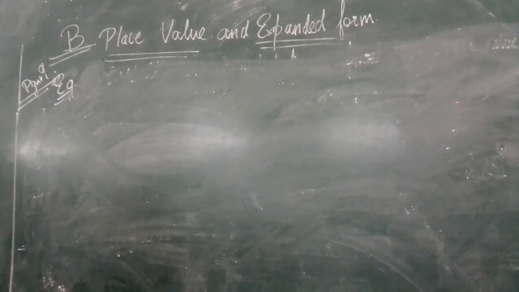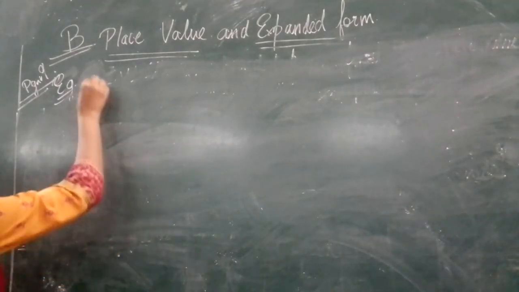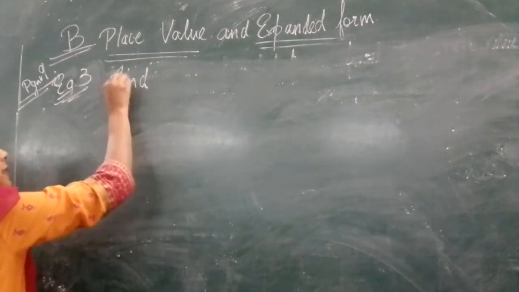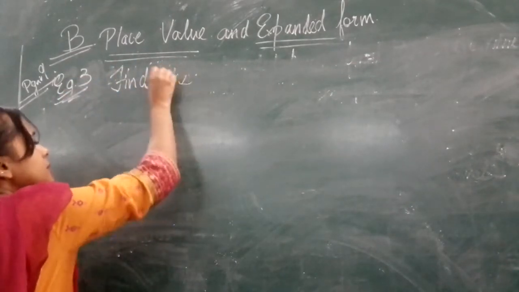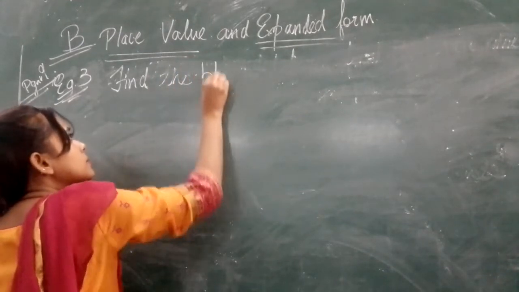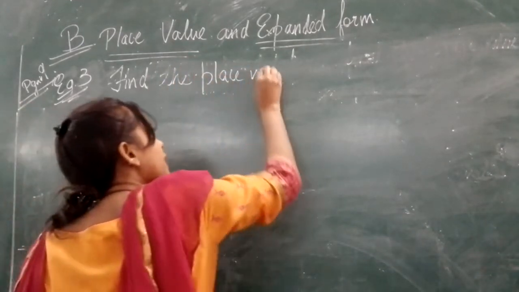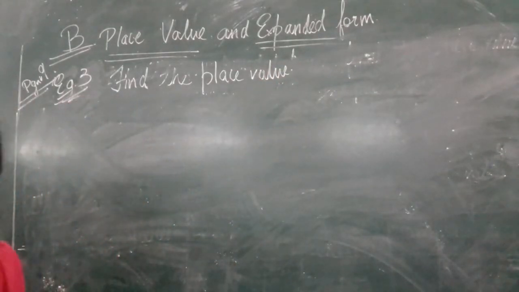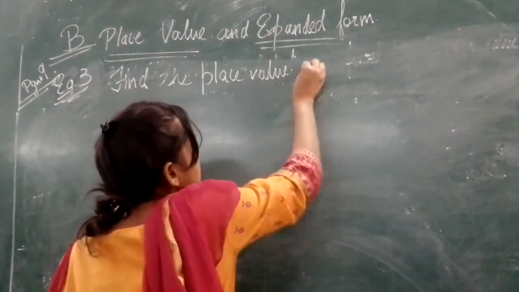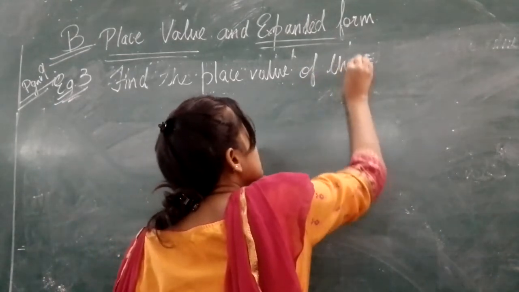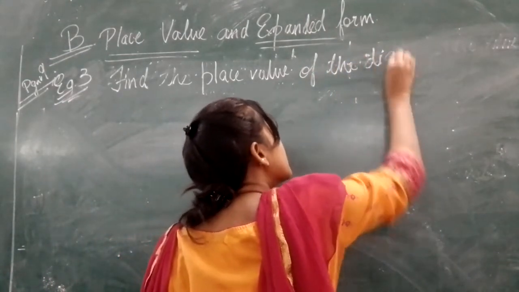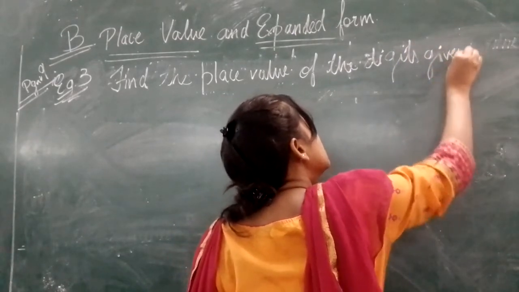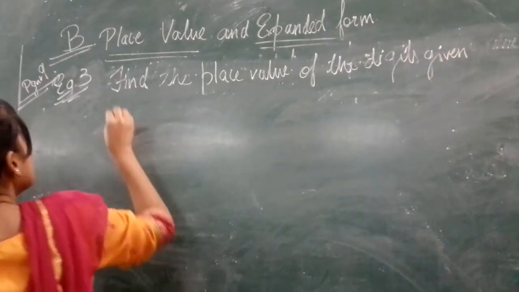Now, the next question is find the place value. This is example number 3. Find the place value of the digits given in the box. Okay.